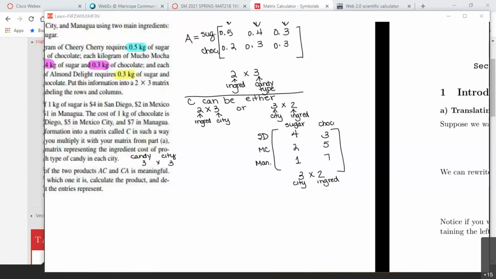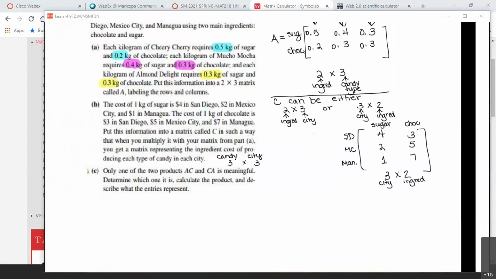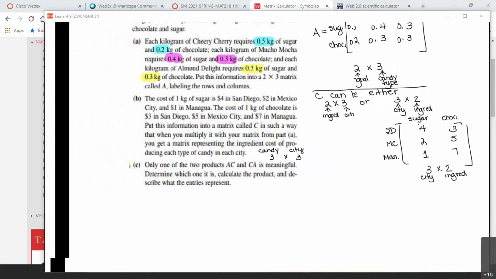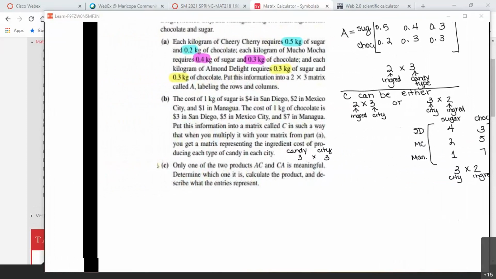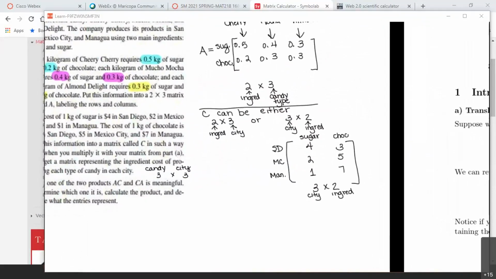Now, again, what's important to understand is the way you want to multiply this. Again, I want a 3x3 matrix because I want to know candy type and cost of doing it in each city.